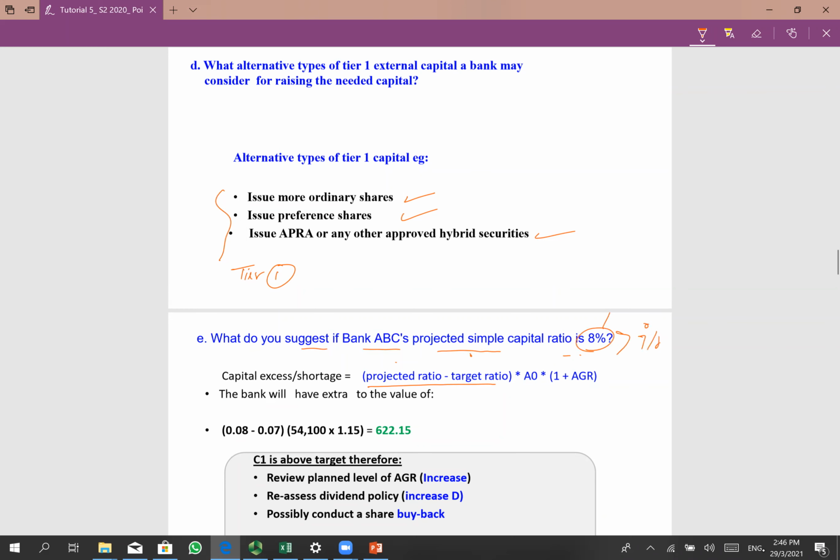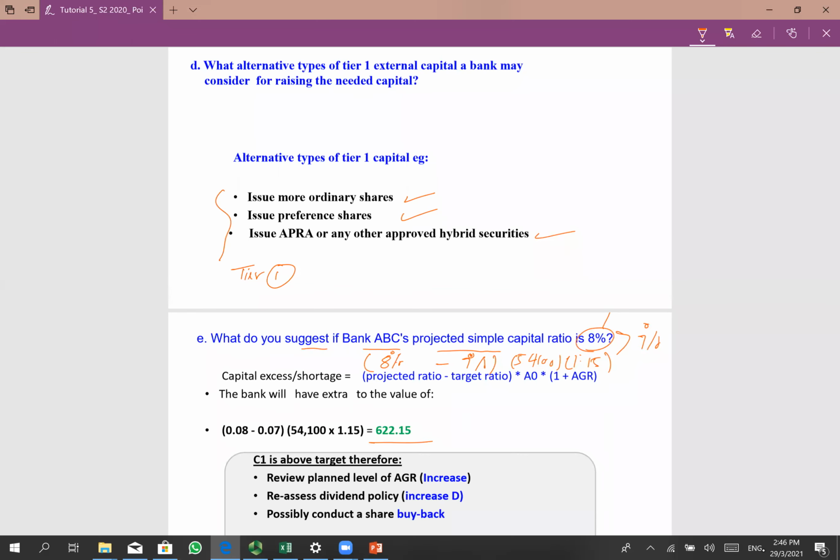I will see how much that is. I make this 8%, and I make this 7%. Same thing for 54,100 times 1.15, and I find this to be 622 million. So I now have 622 million surplus.